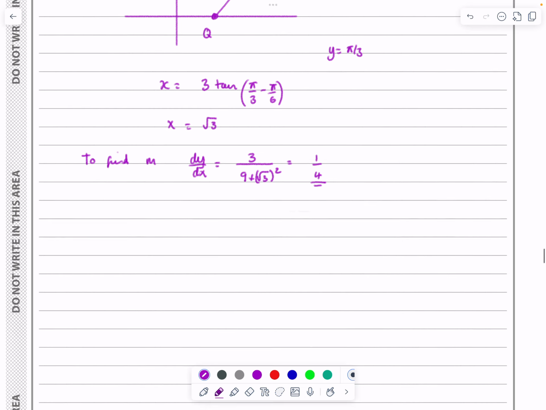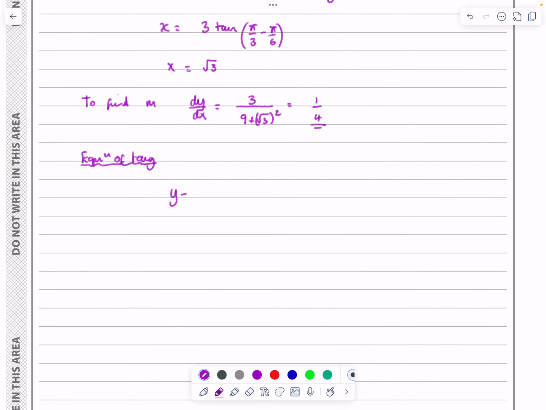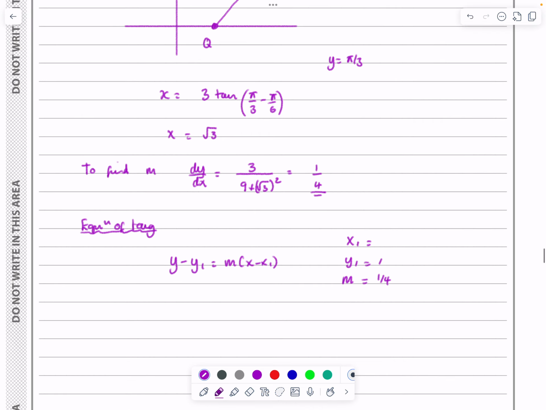So now let's talk about the equation of the tangent. The equation of a tangent is y minus y1 equals m(x minus x1). This is the equation of any straight line where we know x1, y1 and m. And we've got those values. I'm going to write them down. m I've just worked out as being a quarter. y was pi over 3 and x was root 3.